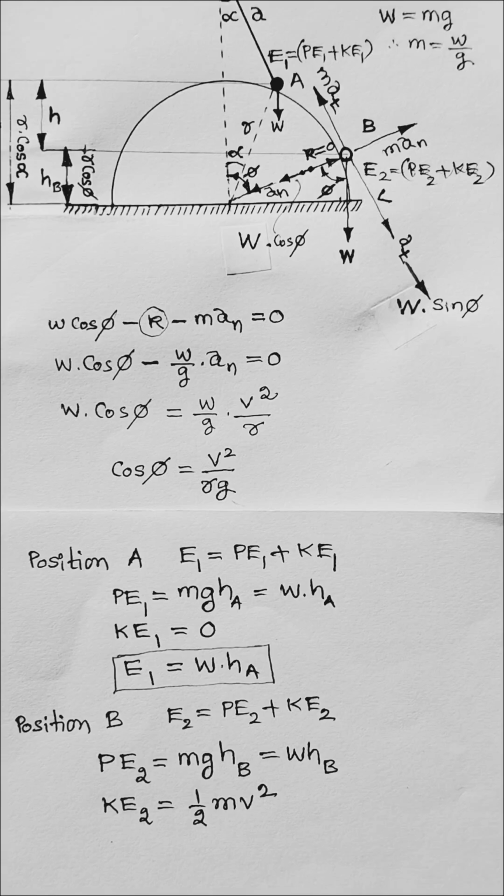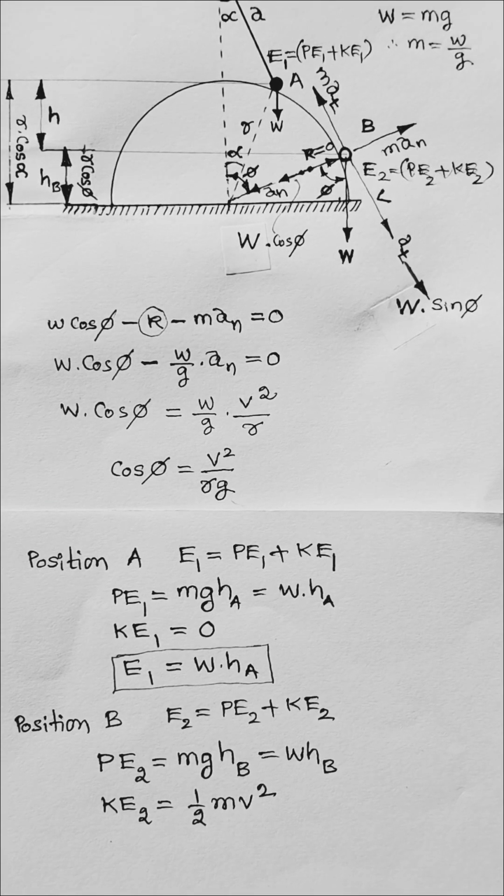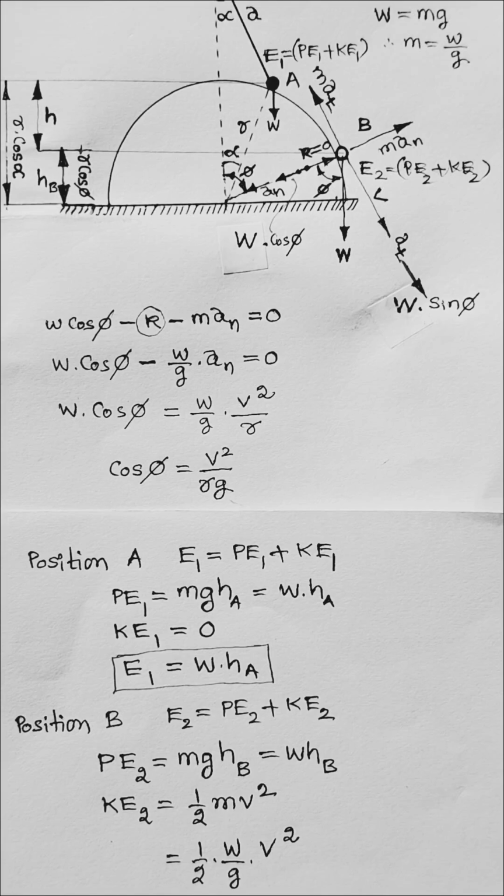In terms of weight of particle W, we can write it as W by G. Therefore, total energy at B, E2, equal to W into HB plus half into W by G V square.